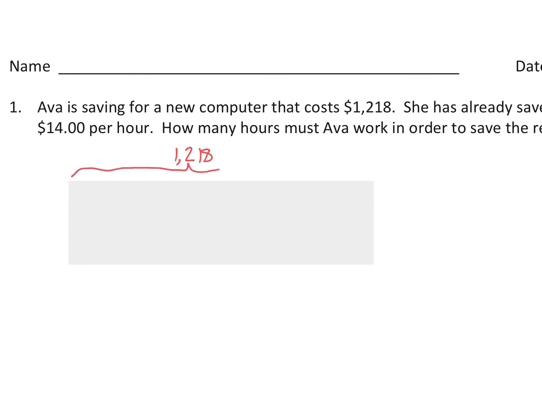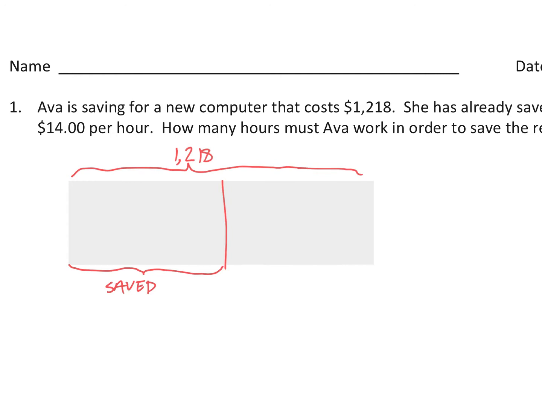That's how much the computer costs. I didn't do a very good job on getting that in the middle, but you get the idea, okay? Now this side is 1/2. This is what is saved. And that is exactly half.